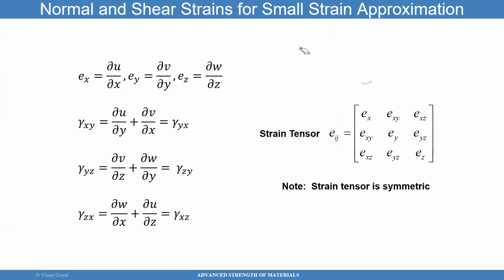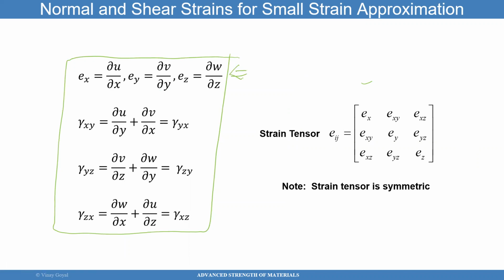So at the end of the day, there are 6 components of strain. 3 of them cause the body to stretch or compress. 3 of them explain distortion or angle change.